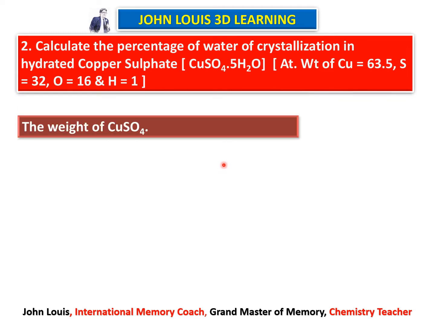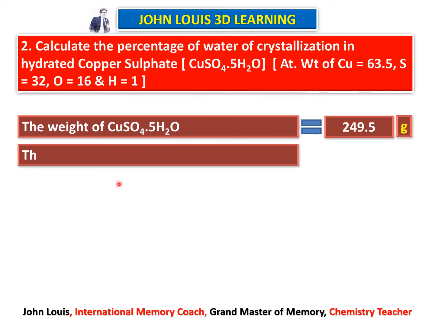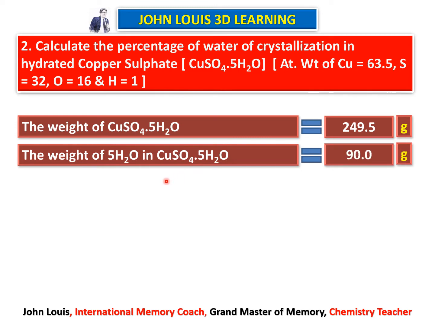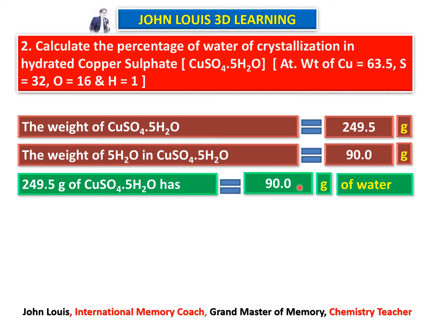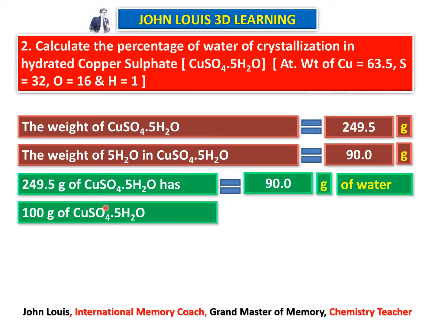So the weight of CuSO4·5H2O is equal to 249.5 grams. The weight of 5 water molecules in CuSO4·5H2O is 90 grams. That means 249.5 grams of copper sulfate has 90 grams of water. Percentage means we need to find out for 100 grams. Therefore, we multiply 100 into 90 divided by 249.5.